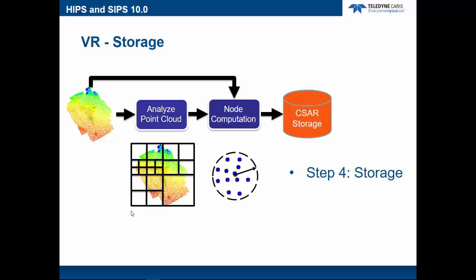We use a tiered pyramid resolution storage internally, which effectively allows us, when you're at a low scale, looking at a data set, it's not paging in the entire data set, you're looking at a coarse representation, and as you zoom in onto the data set, it's paging in finer and finer data. This allows us to very quickly and efficiently display data without waiting. So we have the same benefits with variable resolution that we've had for several years with raster in the CSAR format.